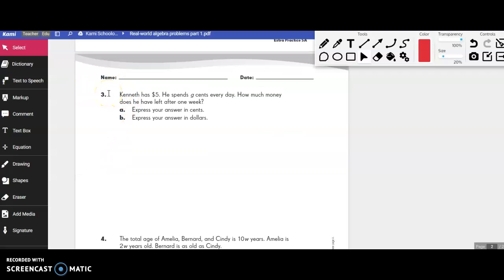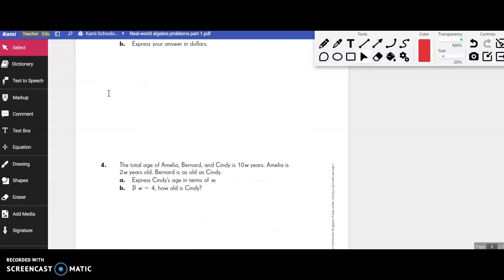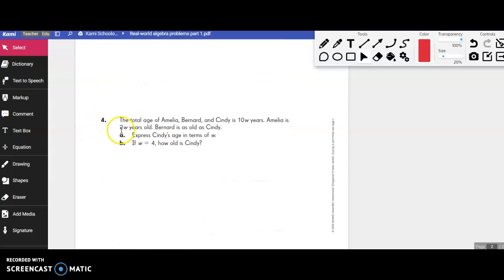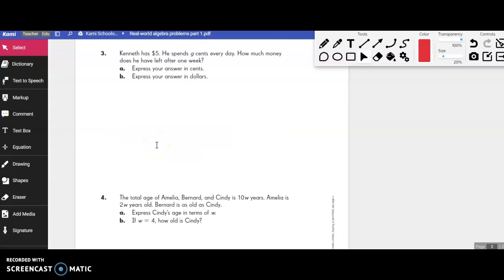Ooh, number 3 is a little bit different. Because notice A says express your answer in cents. B is express your answer in dollars. So that'll be a little bit of a challenge. And then for A and B, A is the expression, B is the number answer.